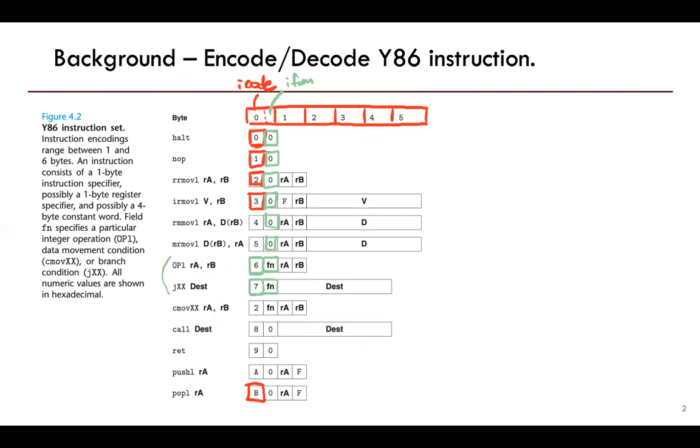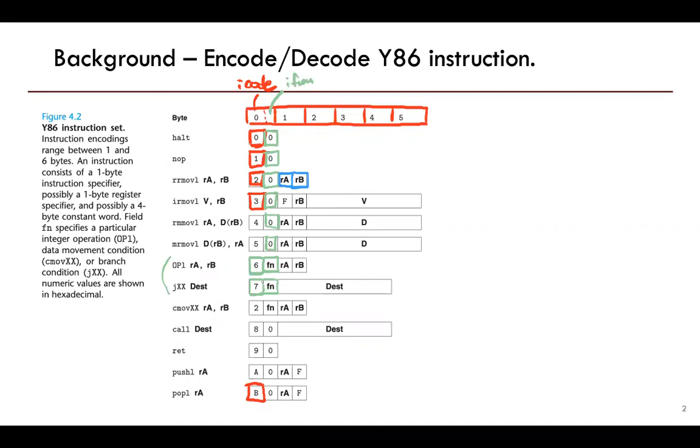Since the first two instructions, halt and nop, are done, their size is 1 byte and they don't have more information. So we move to the next instruction, the RR move instruction. It has 2 more small boxes, which is 1 byte, and it has RA, RB. RA and RB, we are familiar with this. This is the name of registers.